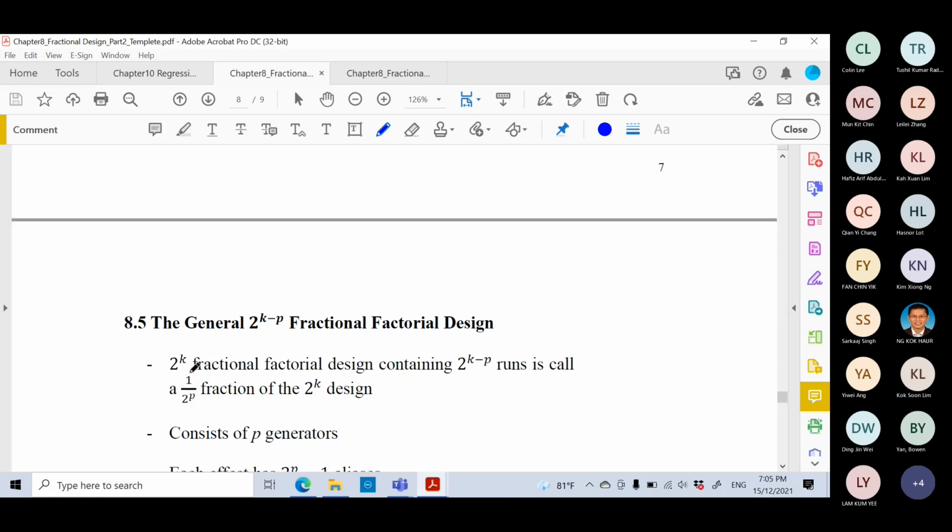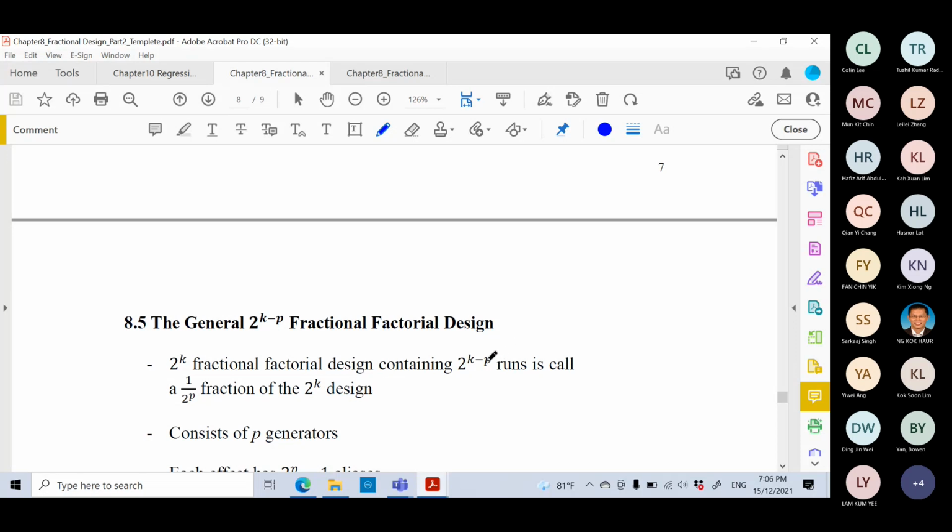So the 2 power of k fractional factorial design containing 2 power of k minus p runs is called the 1/2 power of p fraction of the 2 power of k design. Okay, you can think about it.